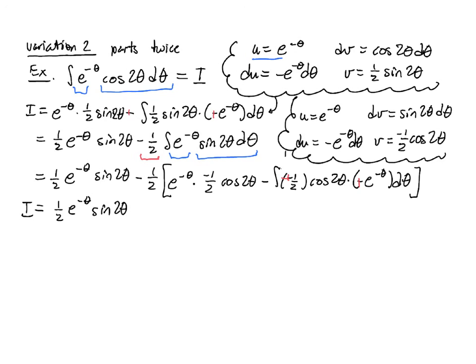Now let's see here. We have minus 1/2 times minus 1/2, so we get plus 1/4 e to the minus theta cosine 2 theta, and we have minus a 1/2, so again plus 1/4 antiderivative of e to the minus theta cos 2 theta d theta.